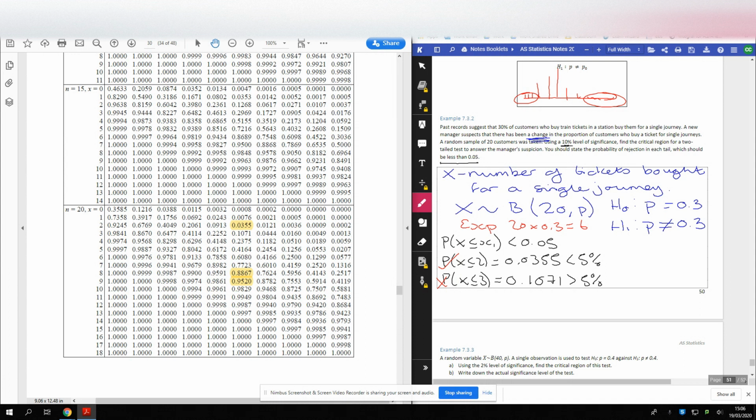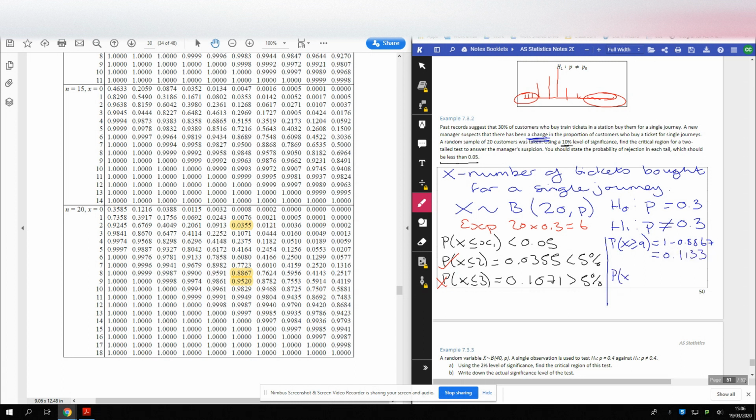So 0.8867 is read off when X is equal to 8. Coming back over here, where we've got less than or equal to 8, that's going to be greater than or equal to 9. 1 minus that probability of 0.8867 is 0.1133.